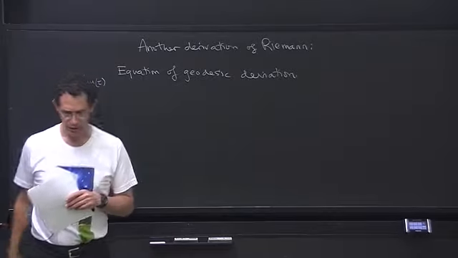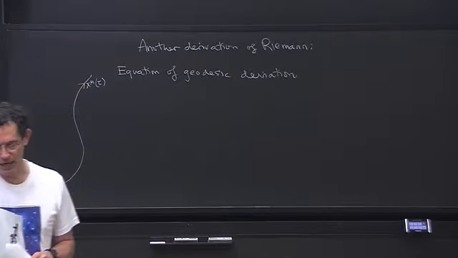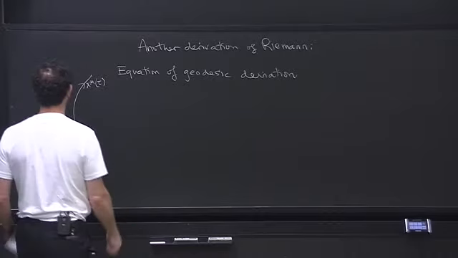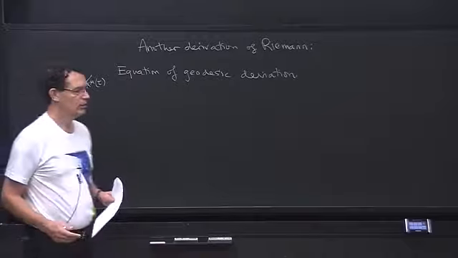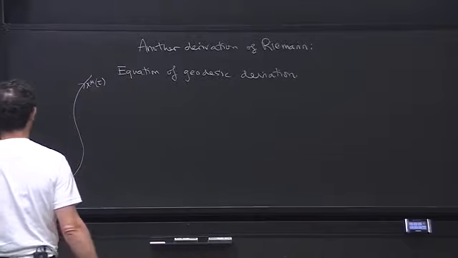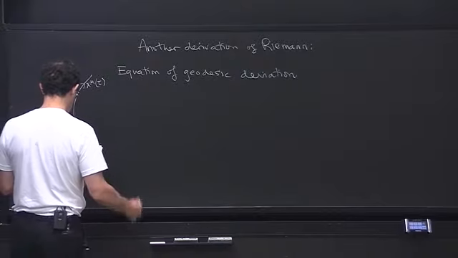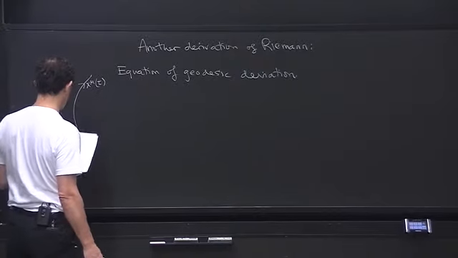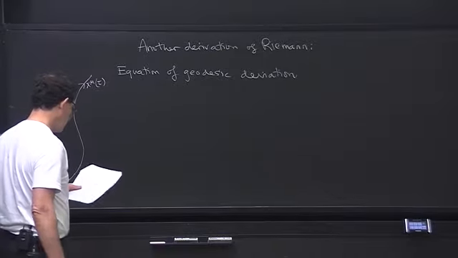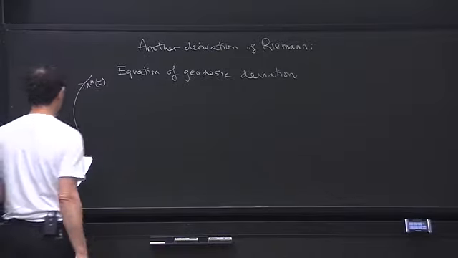So let's think about a massive particle. So the geodesic equation we're going to use in its affine form, or equivalently, you can think about this as a photon with an affine parameterization of its geodesic.